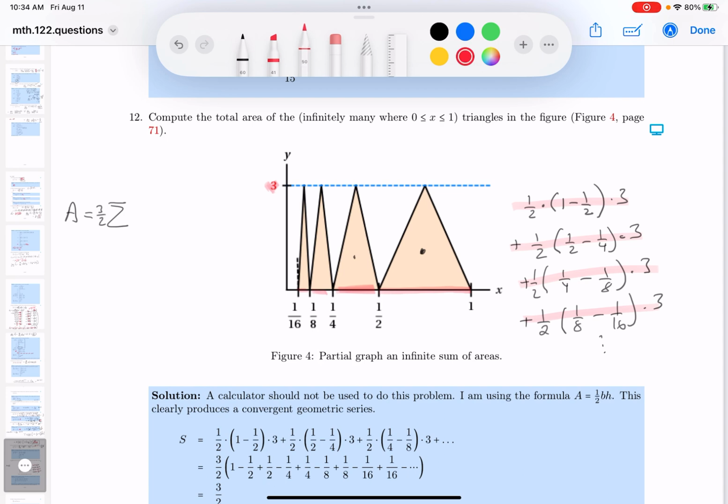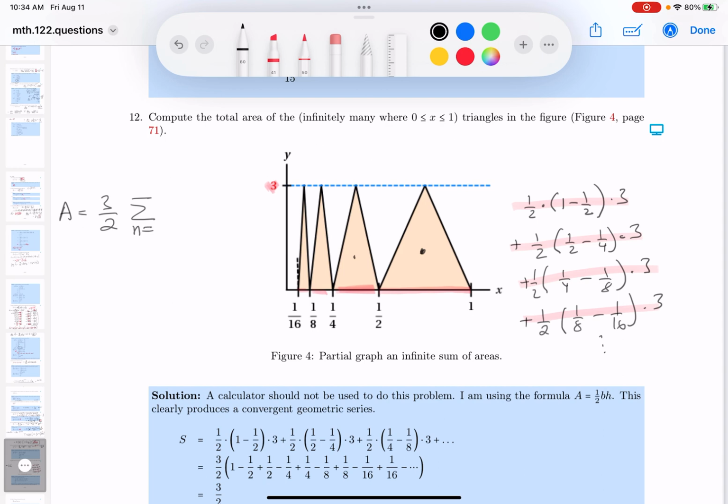Let me get my eraser. It doesn't look right. And that's going to be n equals something. But I had 3/2 in everything. I look at this and want to write down what I'm seeing. I've got to write it as a summation.